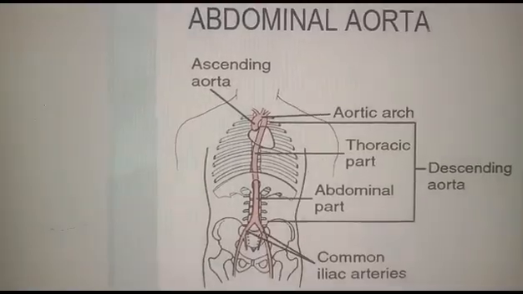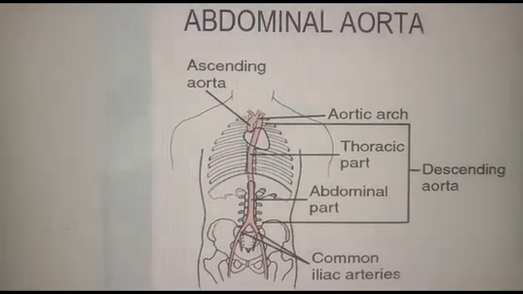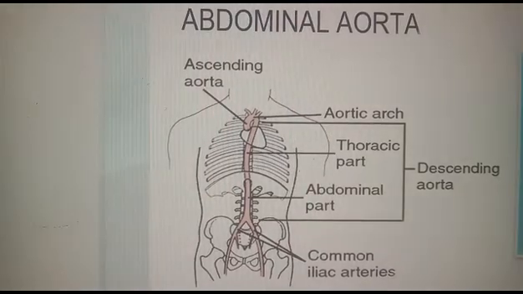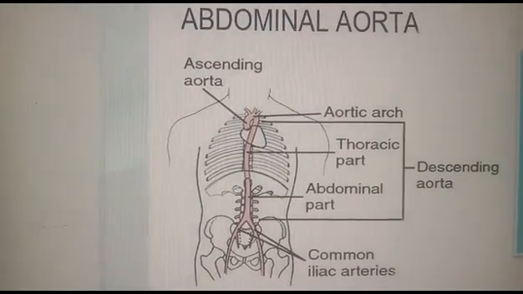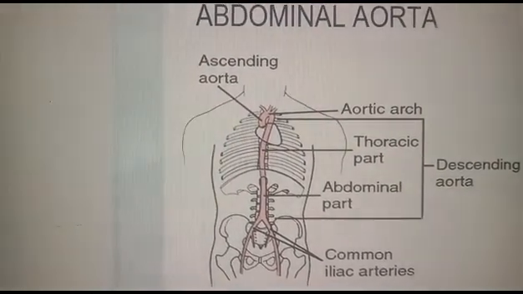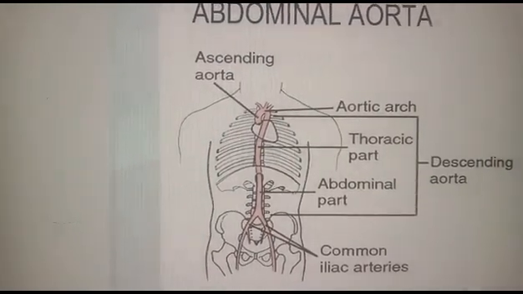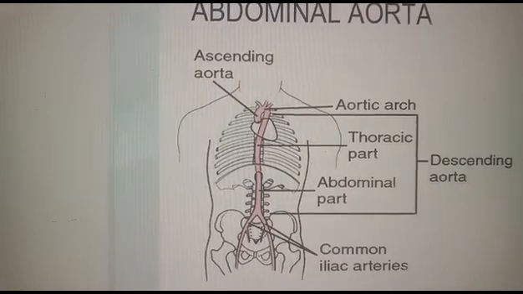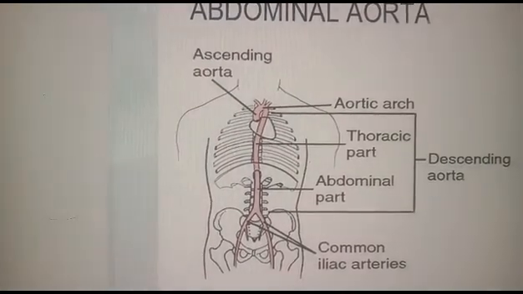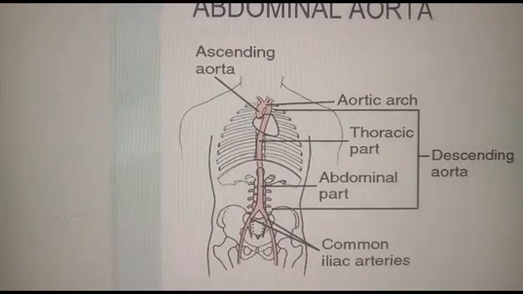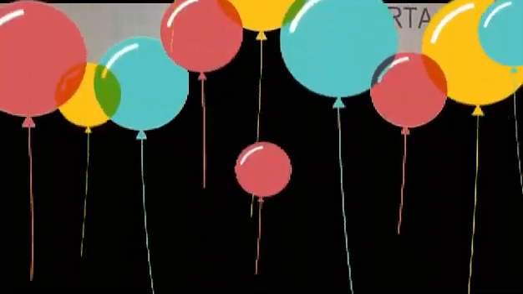For the abdominal aorta, through a number of branches, it feeds blood to much of the abdominal cavity. As it descends, the branches get smaller in diameter and it divides into two common iliac arteries at its terminal part, which serve the pelvis and the lower limbs.